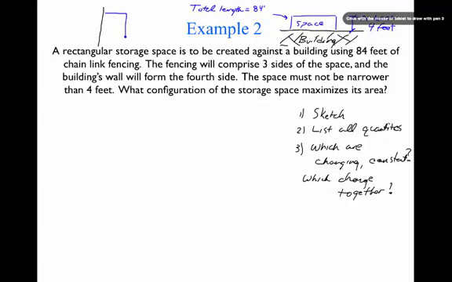So it doesn't matter. So all the quantities are just rotated 90 degrees, so it's not going to change. If you drew yours like this, that's legit too. That's totally fine.